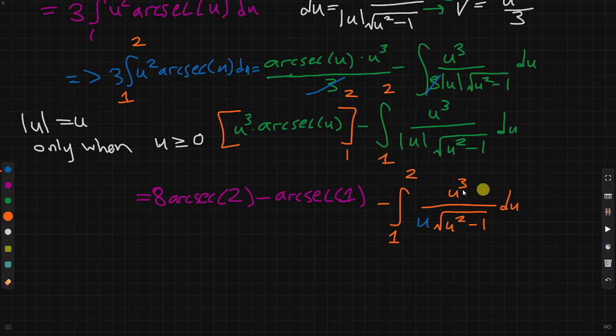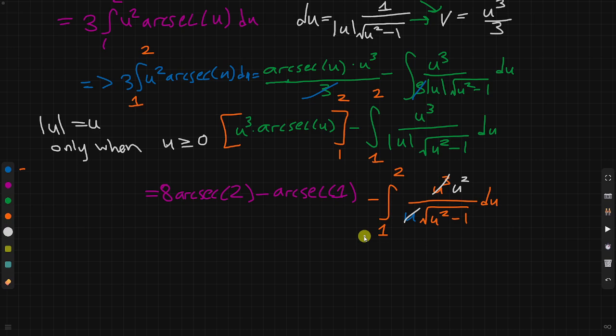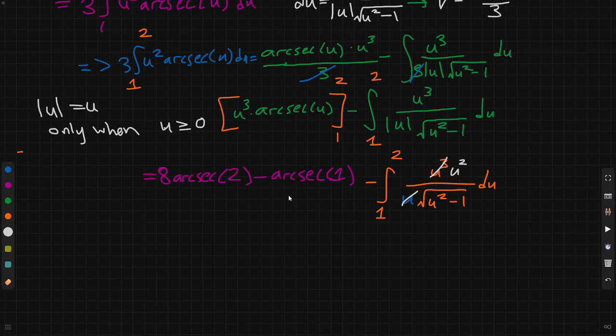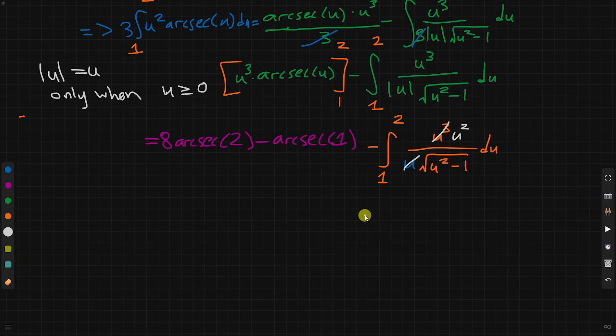Now I can happily cancel out the u cubed and u just to get u squared in the numerator. So now I have the negative integral from 1 to 2 of u squared divided by u square root u squared minus 1 du, right?